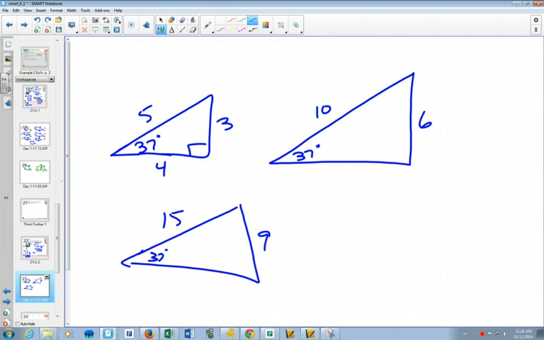No matter what triangle they drew, opposite over hypotenuse here is 3 over 5, here is 6 over 10, here is 9 over 15. You could reduce these fractions, and they always reduced to the same thing.